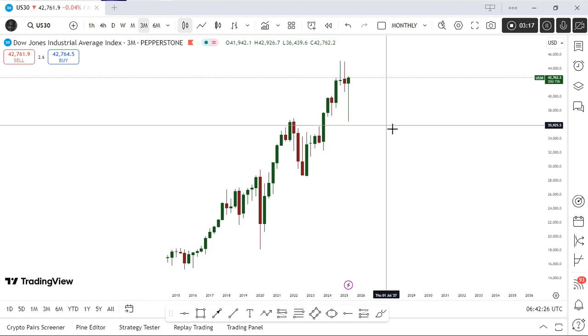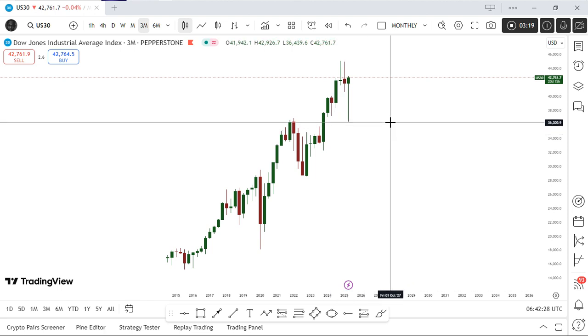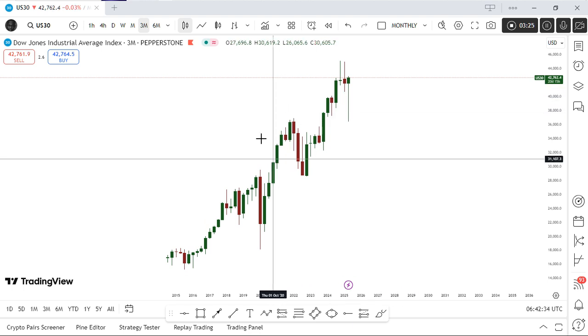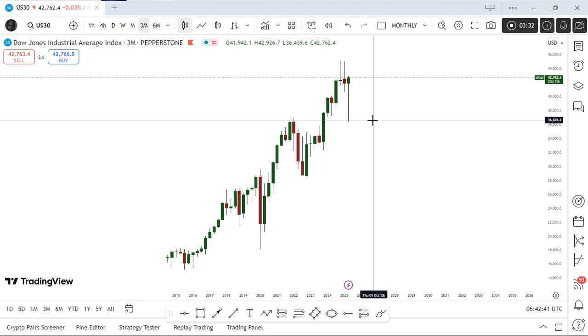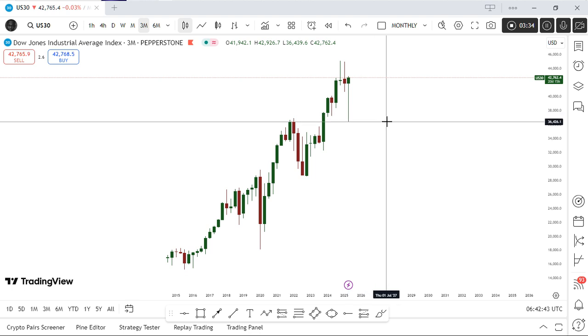We have market analysis and then market execution. Market analysis is when we are able to analyze the market, like I said earlier, and tell us the next possible movement that the market is about to do. And then market execution is where we place our trades.